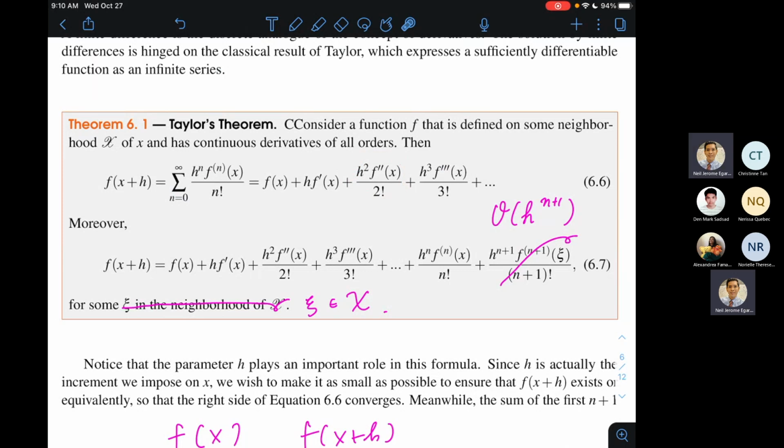Okay? And yeah, I can just truncate everything by just replacing x by an arbitrary number c. Right? Yun yung sinasabi nung equation 6.7. Pwede mong i-ignore yung mga matataas na terms by just replacing x by a number c in the neighborhood of little x. Yun yung sinasabi nung 6.7.